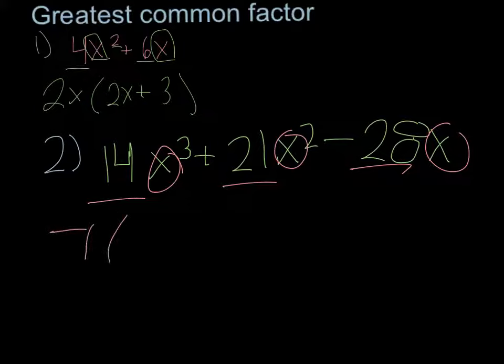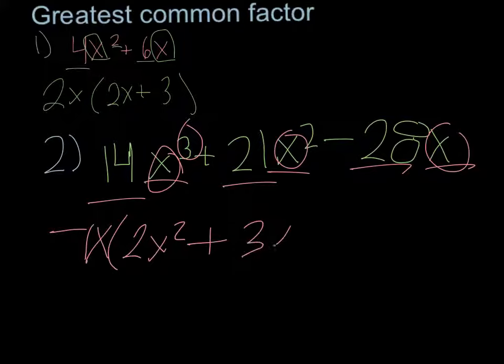You take out 7x. Now, because it's cubed and you're only taking out 1x, you're left with 2x squared plus 3x minus 4.